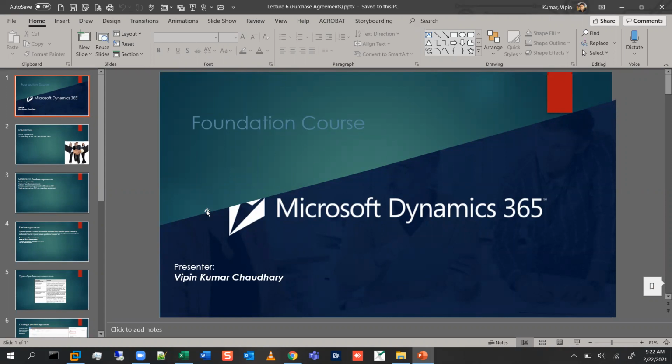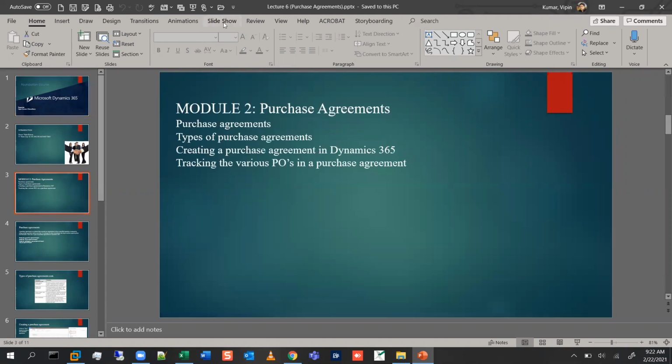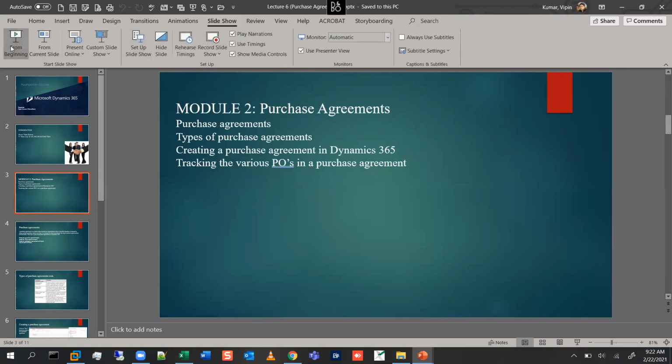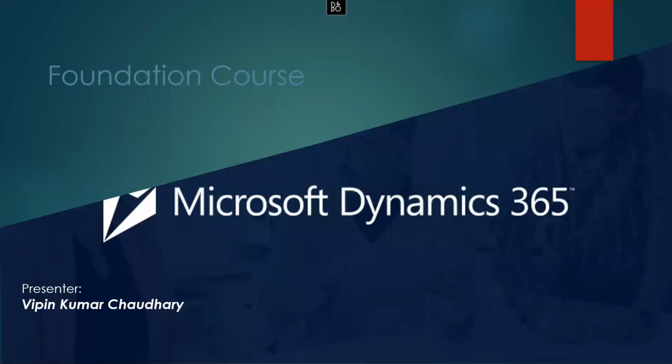There's a commitment of a quantity: you buy this quantity from us within this period, and we'll give you these prices along with some special pricing and discounts. So this is the reason we use purchase agreements, and it's used in almost every business organization.